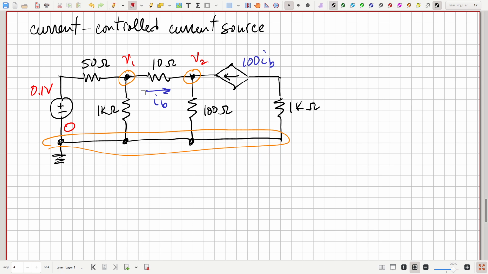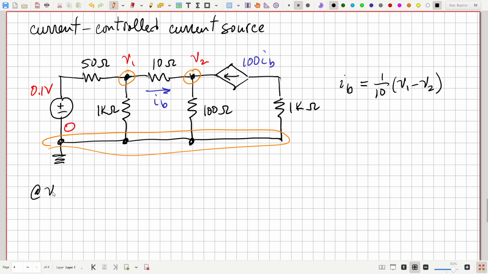Okay, so when we go through to do the equations over here at V2, we're going to have to take into account this current. And what is it? It's 100 IB. Well, what's that? Well, here's IB. So we can see that IB, in terms of the node voltages, is V1 minus V2 over 10. So 1 over 10 times V1 minus V2. And this will be 100 times that.